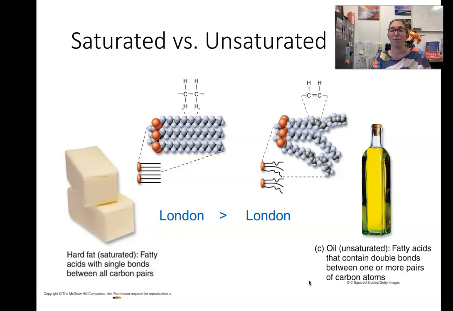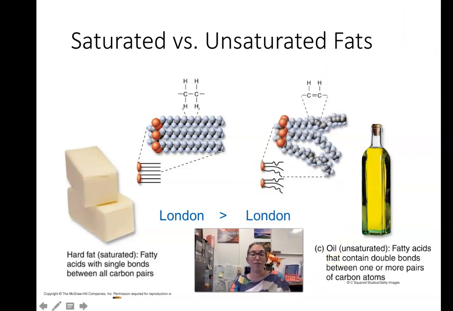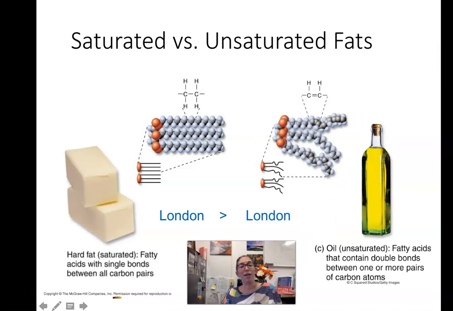So we mentioned this before, but I'll remind you, when it comes to nonpolar molecules, the only attractive force they have that holds them together is London forces, right? And London forces are greater the bigger the molecule is, but also the straighter it is. So saturated fatty acids, which have these long straight chains, can pack really tightly together and have more London forces.